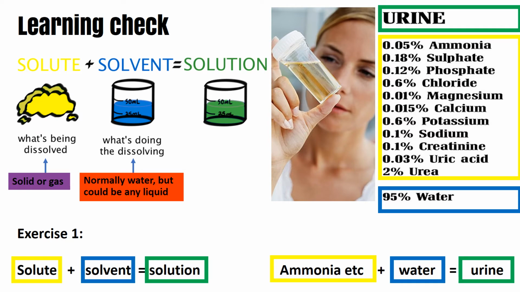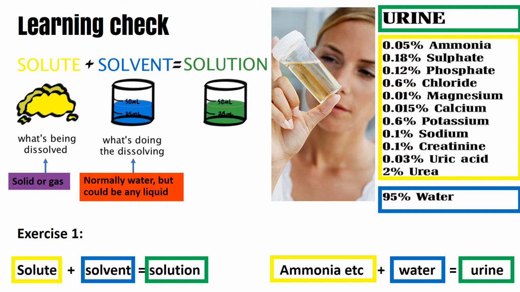Going through exercise 1 first, we need to break down urine into its solute, its solvent, and the solution. So I hope you all got this right. The solution is going to be the urine. It's what everything mixed together is called. Urine is the solution. The solute is the something we have less of. And generally, it's a solid, but it can be a gas or a liquid as well.